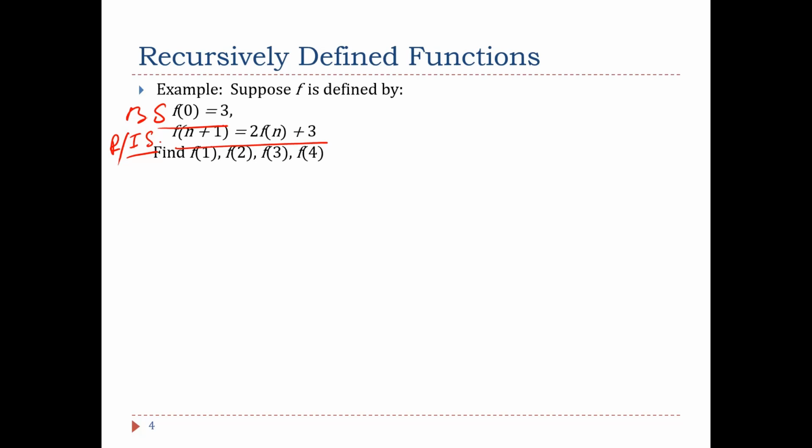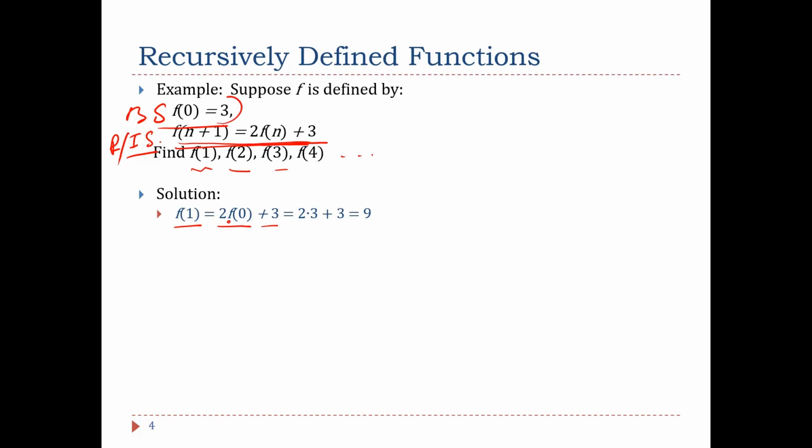So in this case, we can find easily f of 1, 2, and any other i with respect to the previous values. To do so for the first items, f of 1 can be found using this recursive definition in terms of f of 0. So it's equal to 2 times f of 0 plus 3.